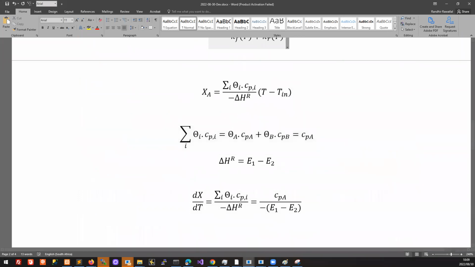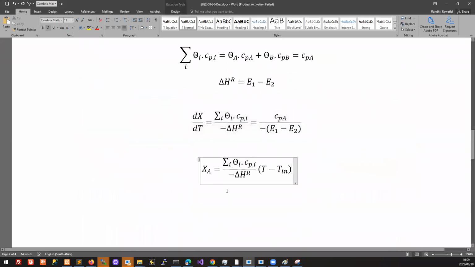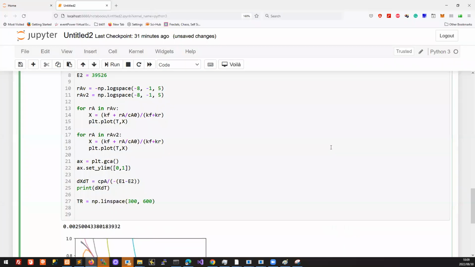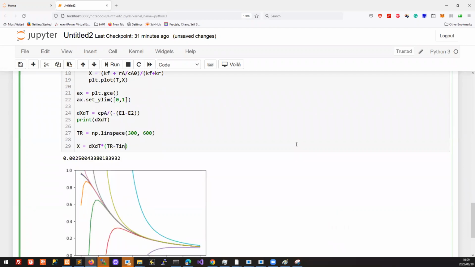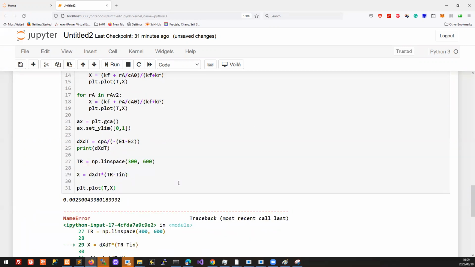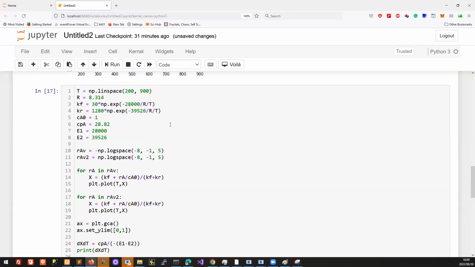If we rewrite it using what we've got over here, then XA equals dx dt times T minus T in. So we can write X equals dx dt times T in the reactor minus T in, okay? And that should be enough for us to just say plt.plot, and it's T by X. Oops, something's off. T in is not defined, okay?